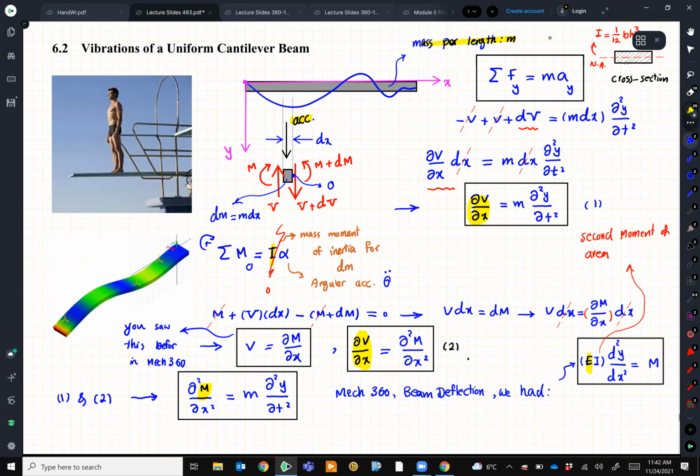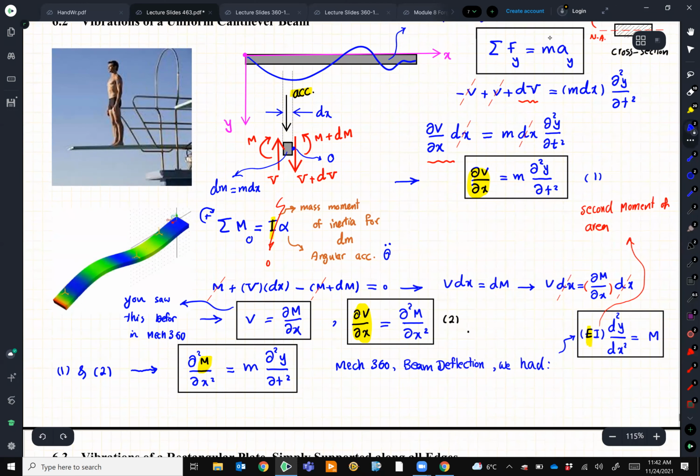Okay, so now in vibration, we use the same formula, except something that we need to be careful about. EI is EI, those are the same. We have the partial derivative, because now y also depends, in this course, on time. In mechanics of materials, everything is static. Nothing is moving. So that's why we simply write the simple derivative.